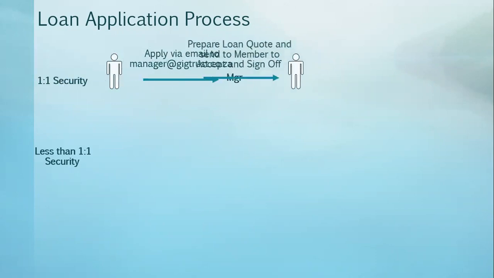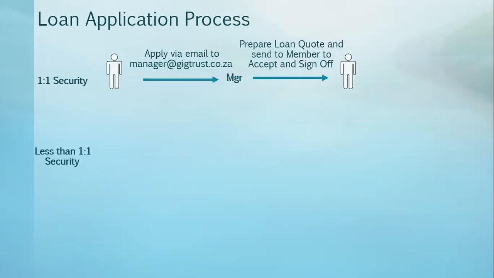The manager will then calculate a loan quote, add the various fees, and send it to you via email to accept it, and then you sign it off. And once you've signed it off, then the manager can pay it out, because we are not at risk. We have one-to-one security, and that whole process can take within 48 hours if you start the process timeously.